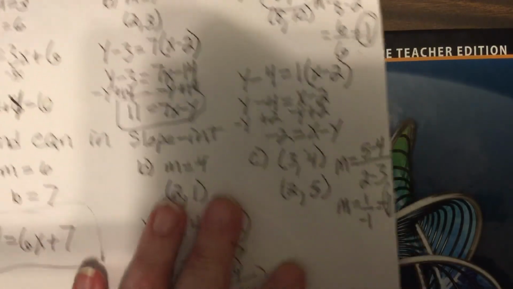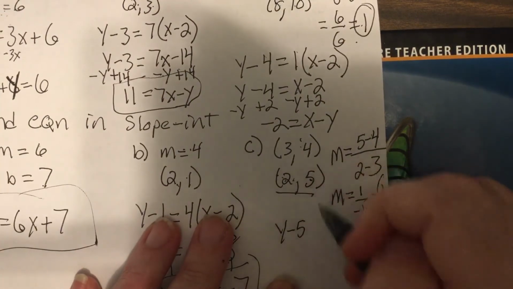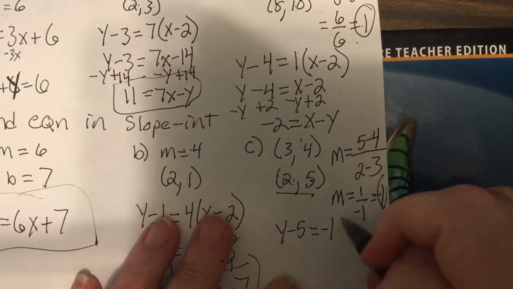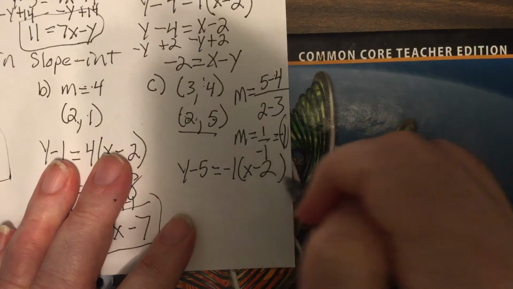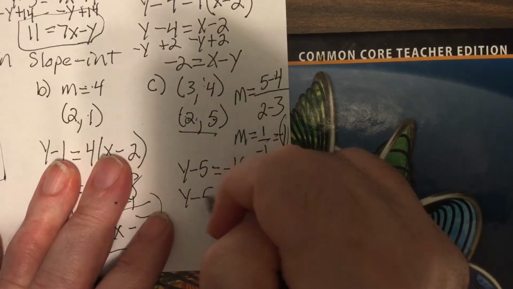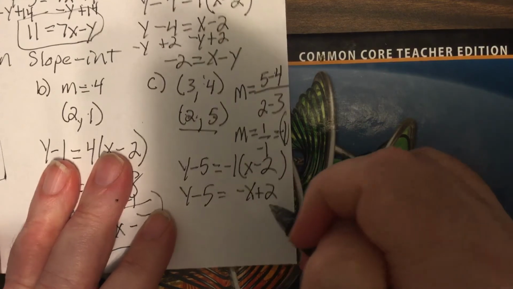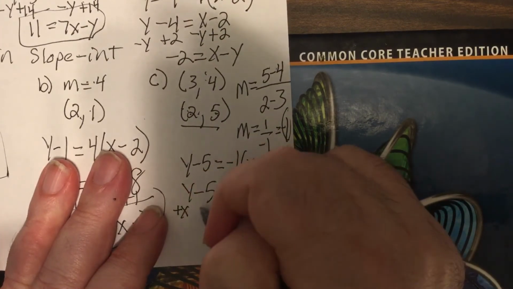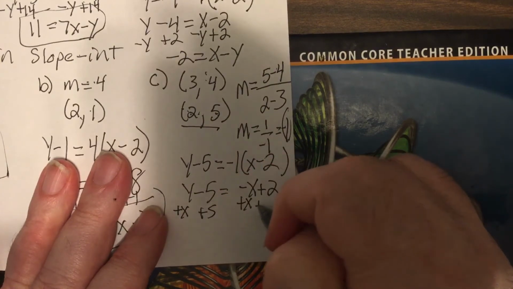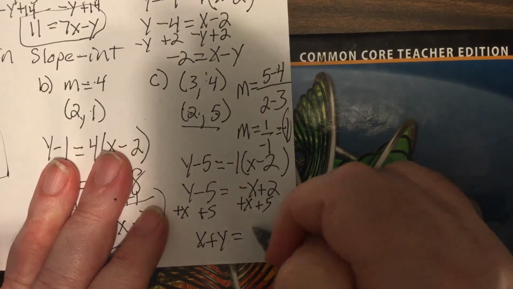So that would be y minus 5, I'm going to use 2, 5, equals negative 1, x minus 2. Let's bring it over here, it's a little lighter. So y minus 5 equals negative x plus 2. So I'm going to add x, and I'm going to add the 5. So I'd have x plus y equals 7.